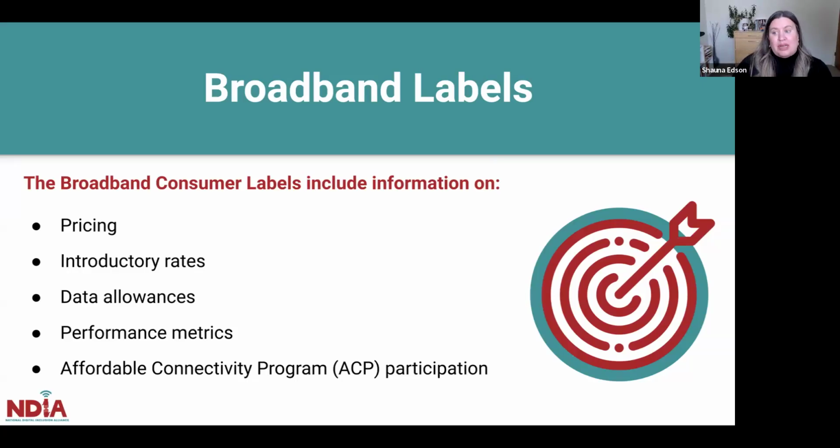However, that program has been sunsetted. It no longer has funding, but that was one of the requirements. So I would encourage you to check and see if you can find a broadband label for your service plan. This is a great educational tool.